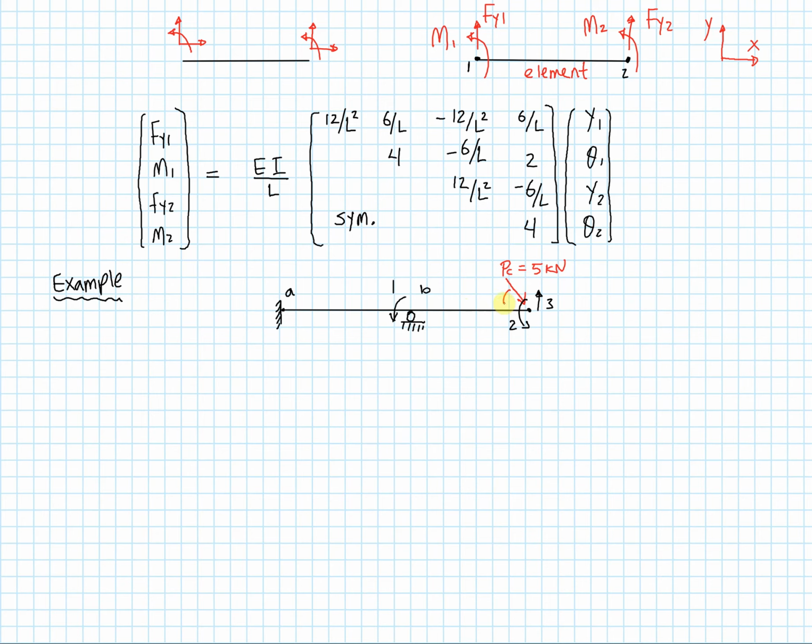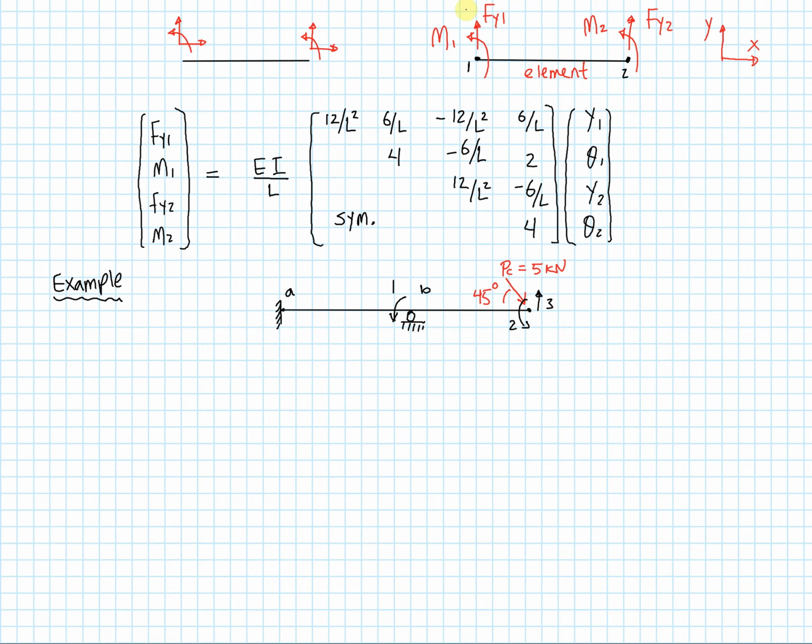And this angle here is in fact 45 degrees. And so we're interested in analyzing this indeterminate beam structure and identifying what the rotations and deformations are at the locations of the degrees of freedom. And these degrees of freedom that we've noted down are the global degrees of freedom. Okay?